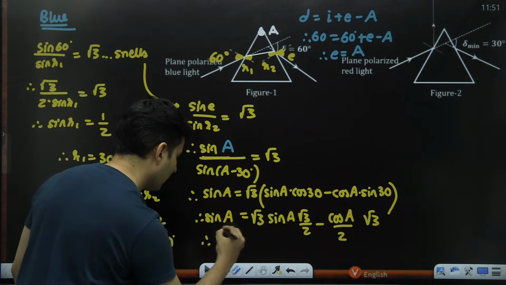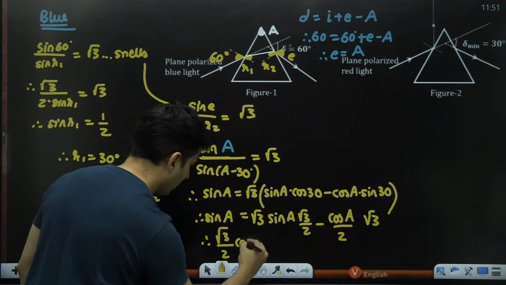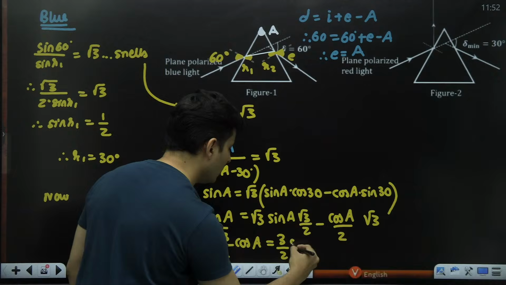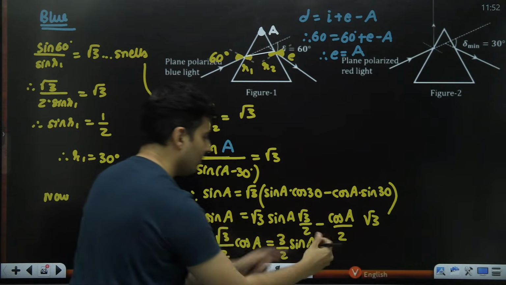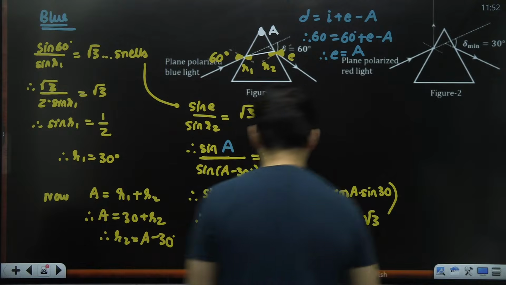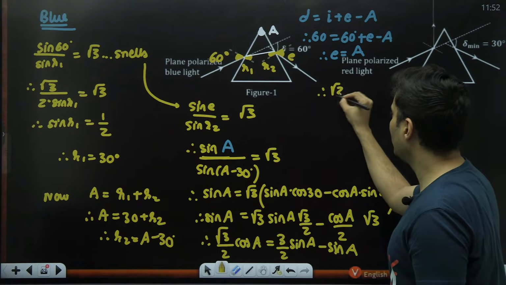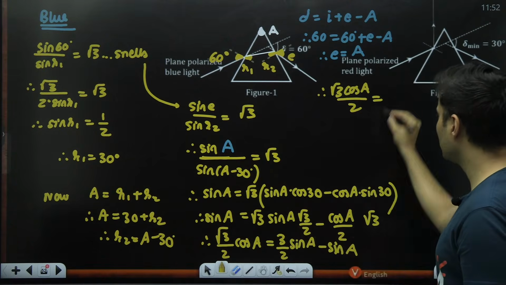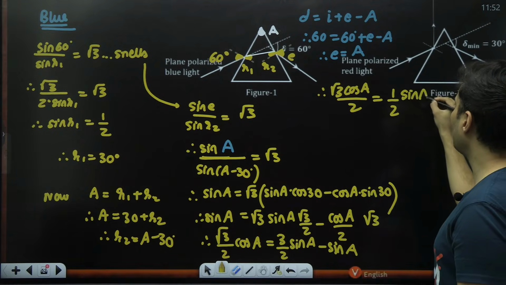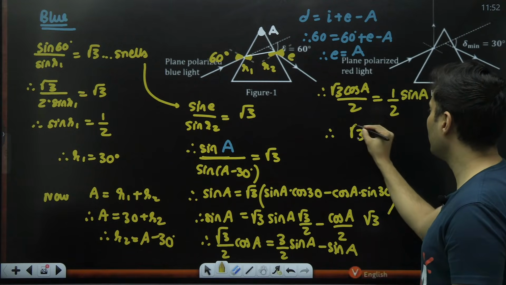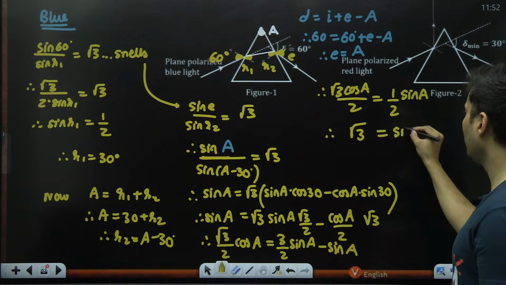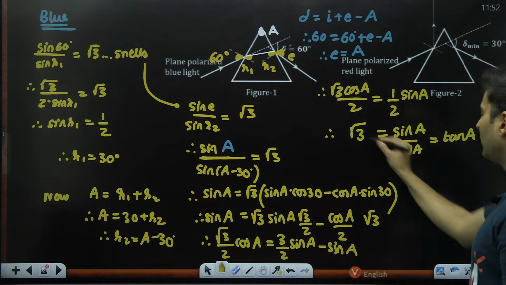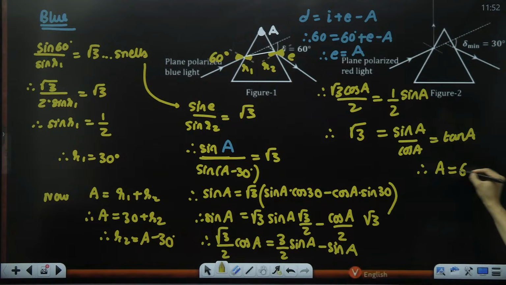So if I bring this guy over here, that will be root 3 by 2 cos of A is equal to root 3 into root 3 is 3 by 2 sine of A. This sine A, bring it on the other side, so this will become sine of A. Okay, so this will become root 3 cos A by 2 is equal to 3 by 2 minus 1 is 1 by 2, so 1 by 2 sine of A. So therefore, root 3 will be equal to, 2 cancels, sine A by cos of A, which is basically tan of A. So if tan of A is root 3, that means A is nothing but 60 degree.